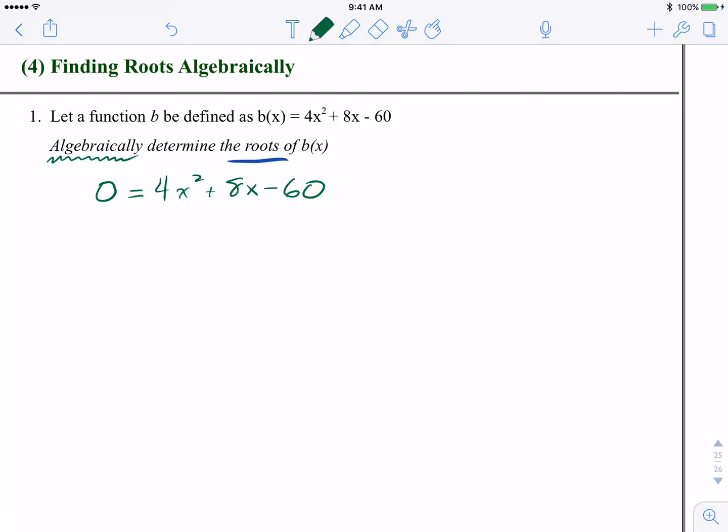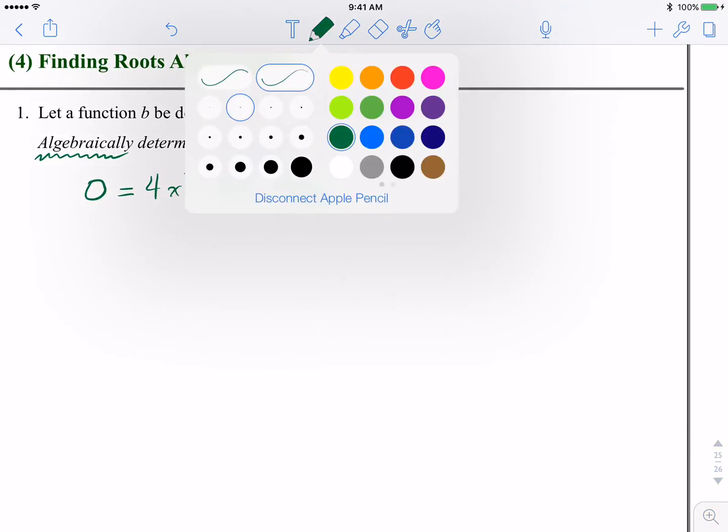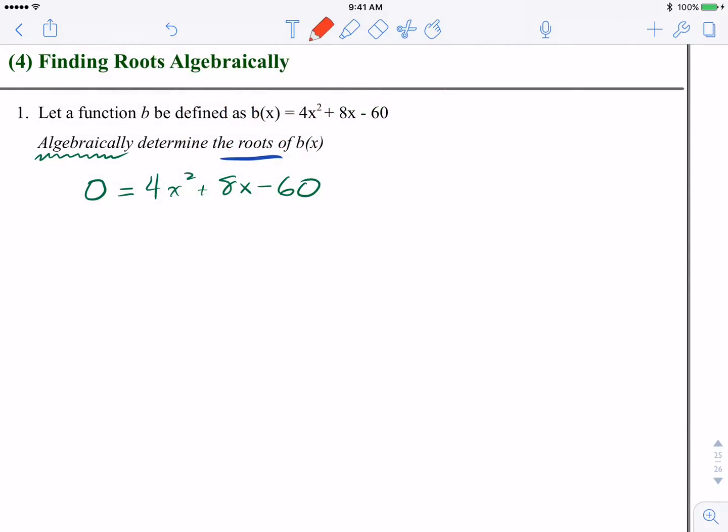Now solving this equation, I could go about doing eyeglass and multiply the 4 out. But you always want to check for a GCF, and in this case, we have one present. I have 4, 8, and 60. I could pull out a 4 and make things a lot easier on myself. If I pull out a 4, all of a sudden that intimidating trinomial looks like this.